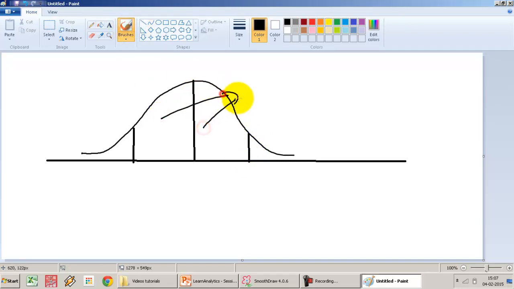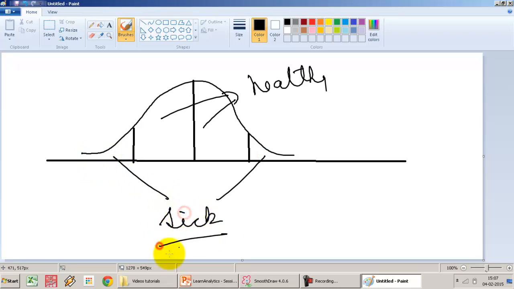This is the acceptance region, which says the person is healthy. The rejection region tells me the person is sick. So should I have a large acceptance region, or a large rejection region?